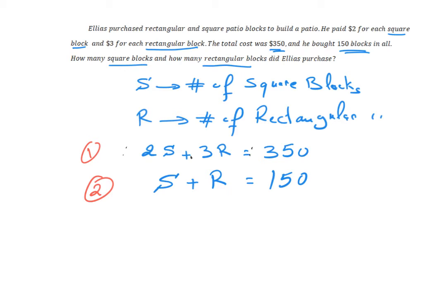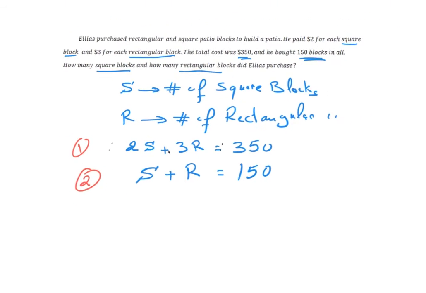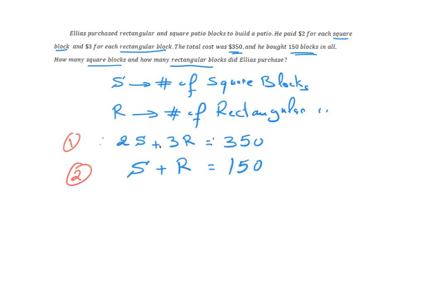To solve this system of equations, we have two choices: we can use the elimination method, or we can use the substitution method. Let's try elimination here. We can eliminate either S or R.